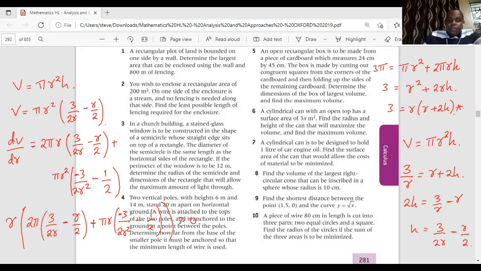So let me write it on a clean piece. But if I do that, I'm going to lose everything that we wrote. So let me create some space.